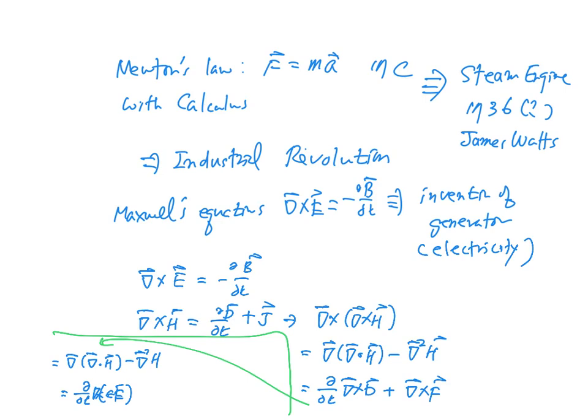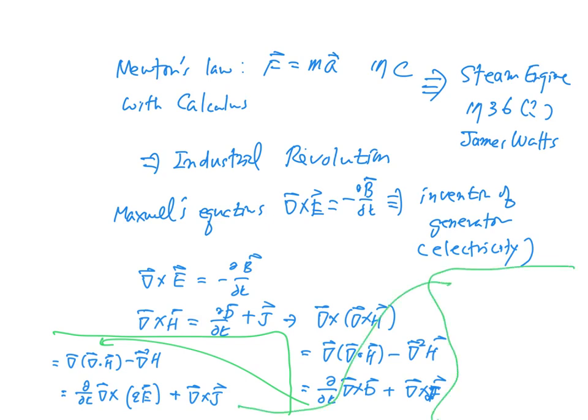Curl of curl H is equal to partial t of curl cross epsilon E plus curl cross J. We need more space here, so move this along here.